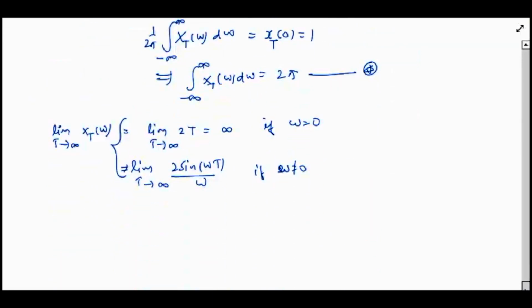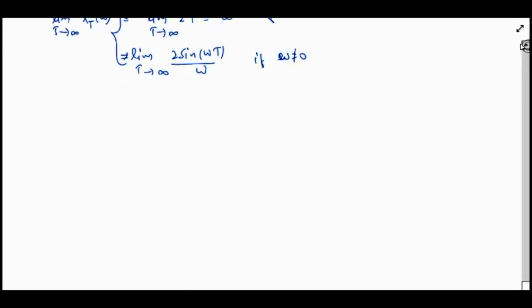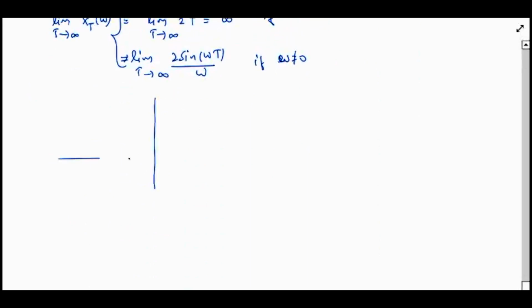Now if I plot this function X_T(omega) for larger and larger values of capital T, I observe the following. Suppose for some T I have the following plot.